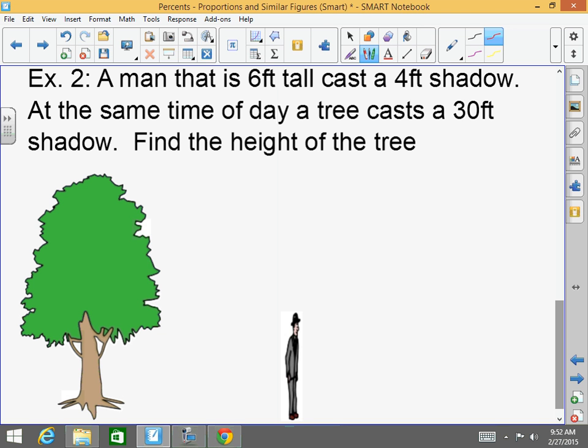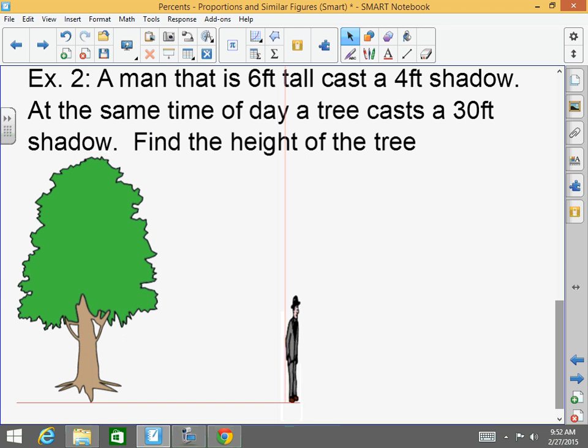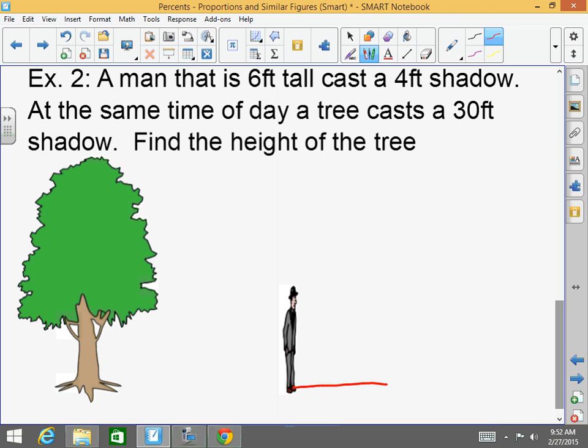Very simple here, guys. You're going to have to first of all create a little triangle. Here's the man, and the shadow that he casts is 4 feet, and we know that he is 6 feet tall. Go ahead and make a triangle there.